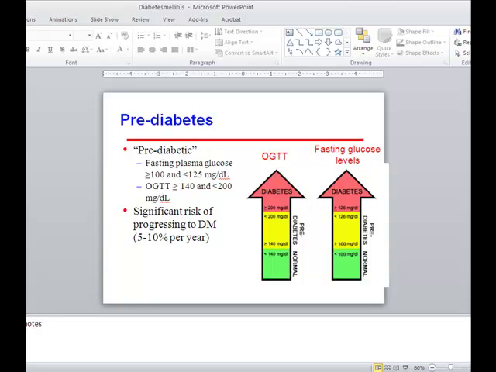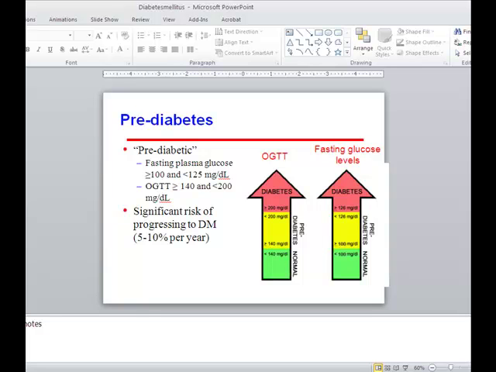Between 100 and 125, they're considered pre-diabetic, and less than 100, they are usually considered normal. The pre-diabetic range is between 140 and 200 milligrams per deciliter for the oral glucose tolerance test. Anything greater than 200 is highly probable that they're diabetic. Less than 140, they are normal.